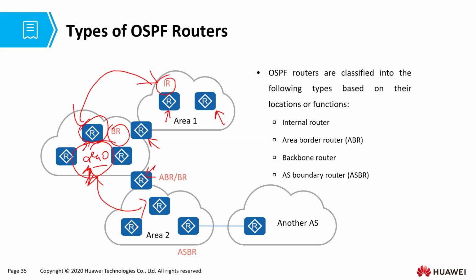Then an AS boundary router, ASBR, is a router which links areas with different routing protocols. So kunoko kana kune area rine OSPF, kunoko kune another routing protocol, another AS. What's another protocol in AS? I'm forgetting another protocol. Let's just say a routing protocol which is different from this one.